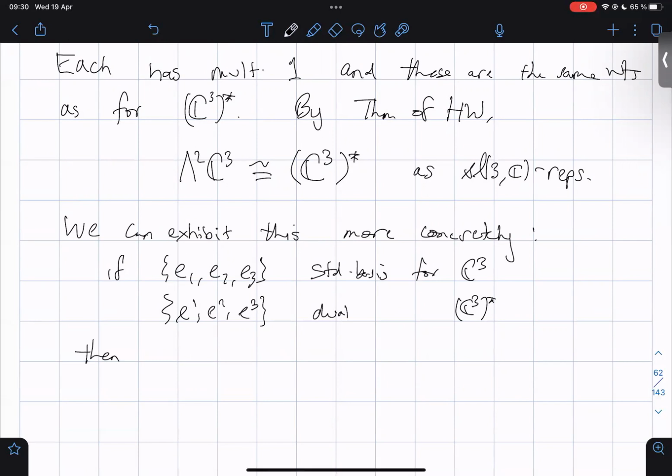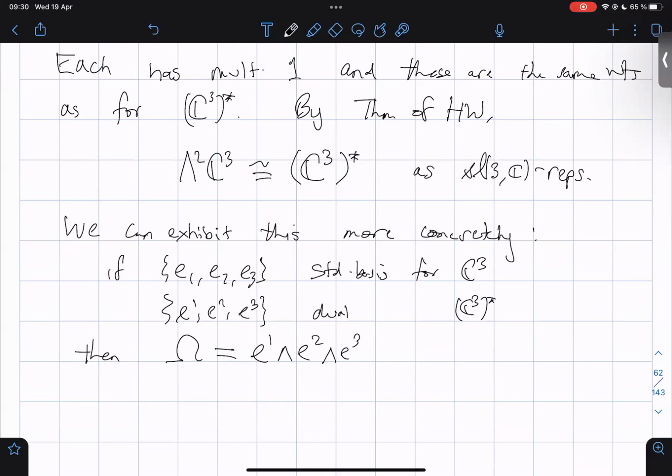Then, similar to what we had when we were considering the SL2 case with C2 and C2 dual, there's a volume form here.